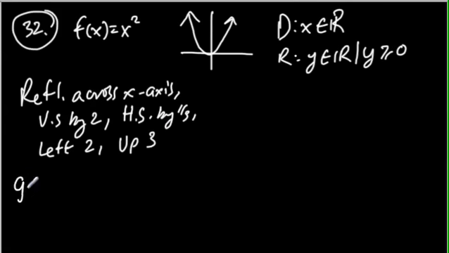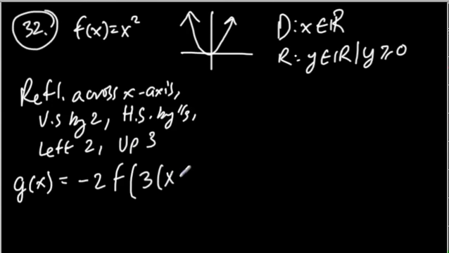So g of x, in terms of f of x, is there's a reflection across the x-axis and vertical stretch by 2, so it's -2 f of. There's no reflection across the y-axis, so there's no negative here, but horizontal stretch by 1/3, which means this is 3, and it's left 2, so it's x plus 2, right? And then I'm closing the bracket there, and it's plus 3 since it's going up.